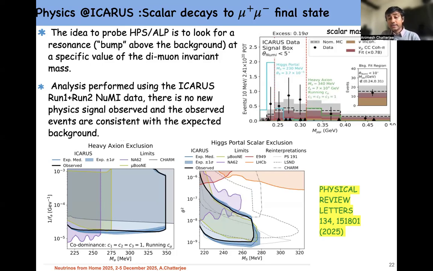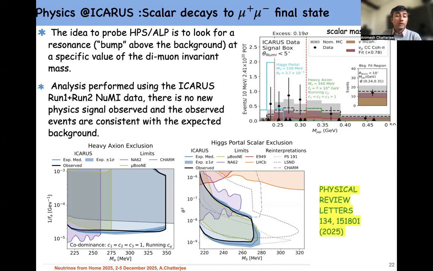However, if we look at the region of the dimuon invariant mass from 0.24 to 0.31 GeV, there is an excess of around 0.19 sigma observed. However, this is within the uncertainties of the expectation.